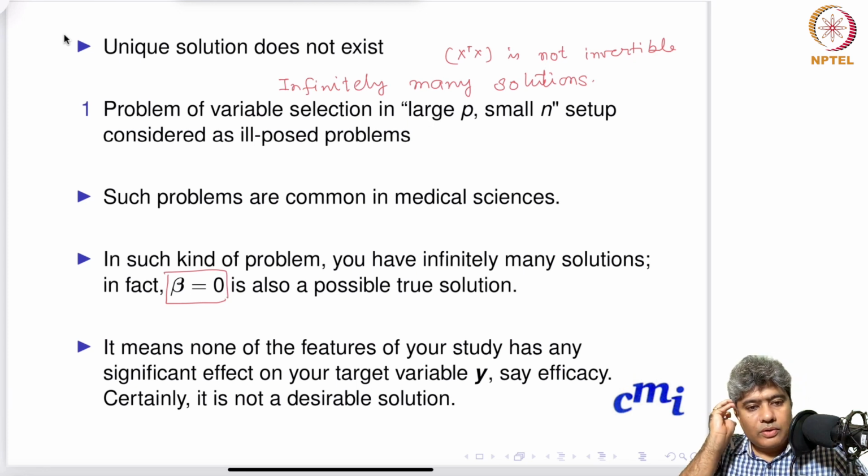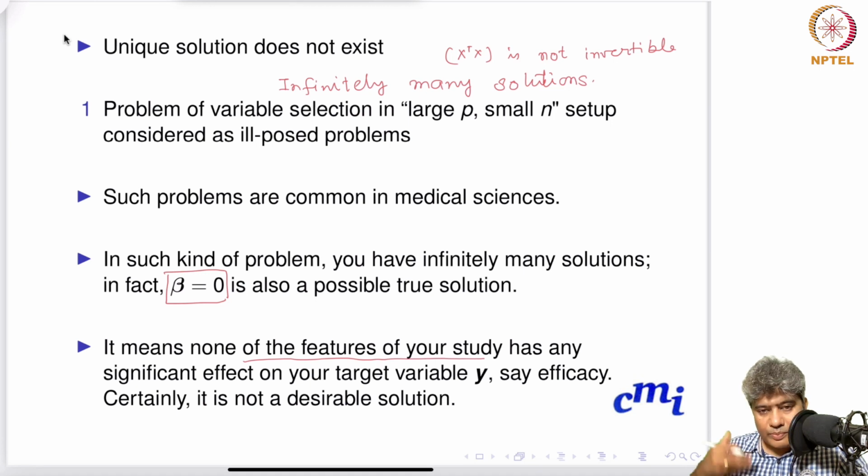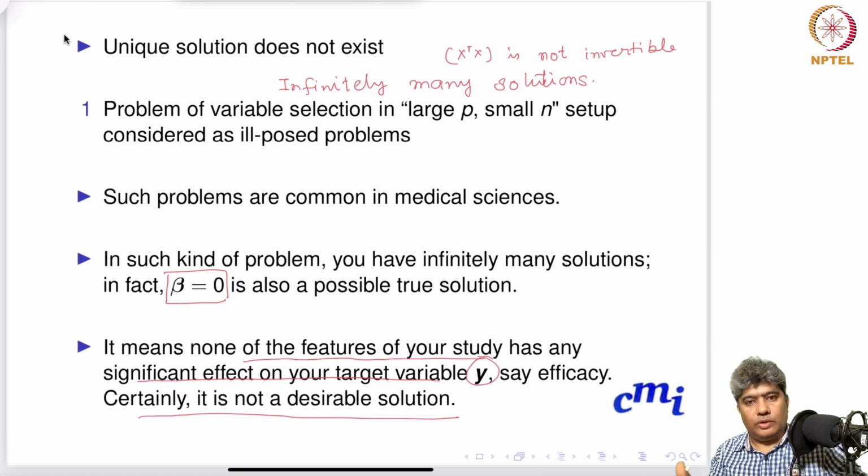If beta equal to 0 is also a solution, what is the interpretation of it? It means that none of the features you spent so much money to collect, the glucose test, genetic markers, etc., have any effect on the treatment or the target variable y. This is not a very desirable situation.